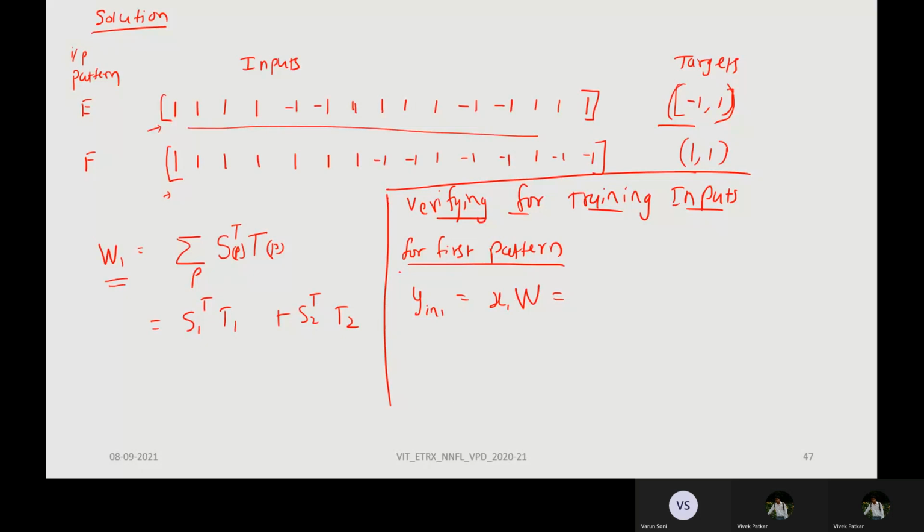It's a big matrix multiplication, but finally what you are going to get is a small vector of only two places.